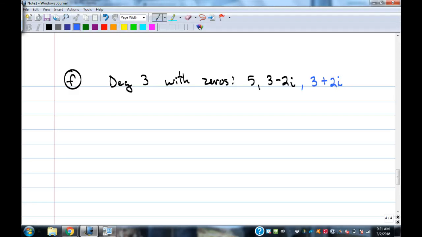So if 3 minus 2i is a zero, then 3 plus 2i has to be a zero too. If we want to form a polynomial with those zeros, we start with x minus 5, x minus 3 plus 2i, x minus 3 minus 2i.